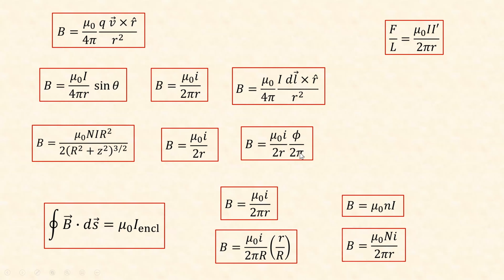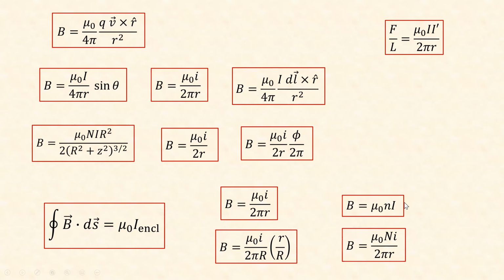If the angle is phi, not 2 pi, then it has phi over 2 pi of that circle. This is Ampere's law, again, the same thing for a long, straight, cylindrical conductor carrying current I. Outside, it acts like a thin wire of current I. Inside, it is like this. It increases radially from 0 to the magnetic field at the surface.